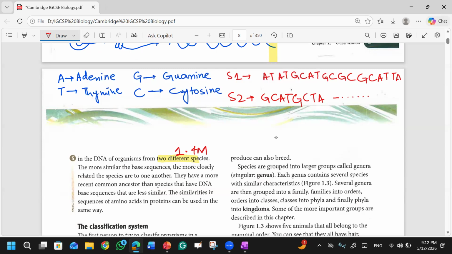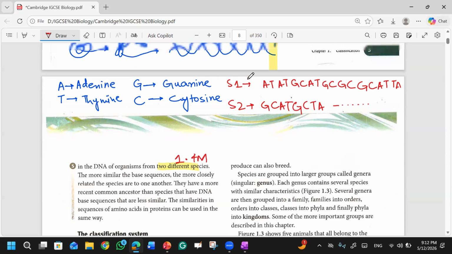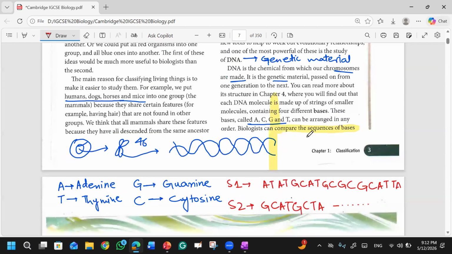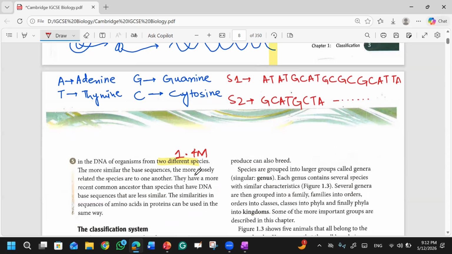So the question can arise: even though there are only 4 base pairs, why are there many species? We can say because the sequence of those base pairs is different in different species. The different sequence of the base pairs will tend to make different species. Are you clear with this statement?